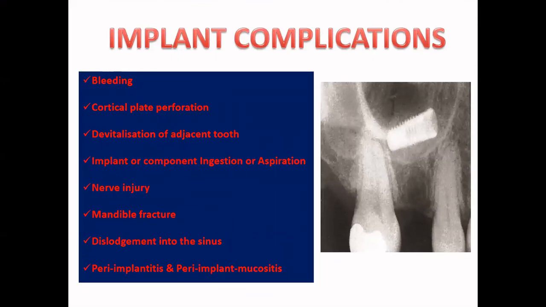With the success of the implant, there are also many implant complications we can encounter while placing an implant. But with proper case selection and proper radiographic markings, we can place a successful implant. But without proper diagnosis or case selection, the implant may lead to many complications.